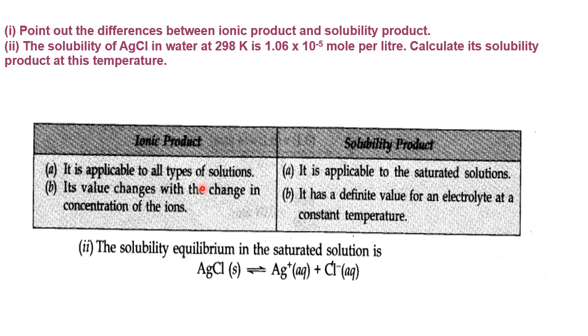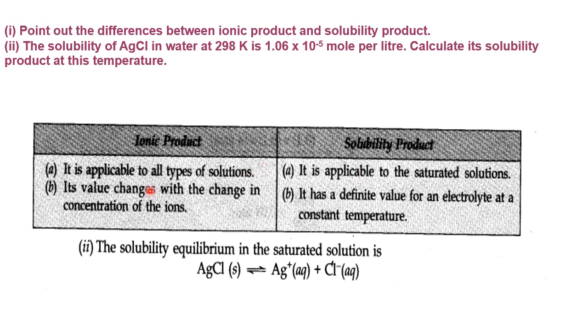But even if a pinch of salt is added to water, it ionizes, and whatever ions are there, their product is called the ionic product. Whereas solubility is what? It has to dissolve first. So pinch by pinch, we add. A stage will come where an extra pinch will not dissolve and will remain as it is. It is insoluble. It will reach the saturated stage. At that time, the product of whatever ions are there is called the solubility product. Okay, that is the difference.